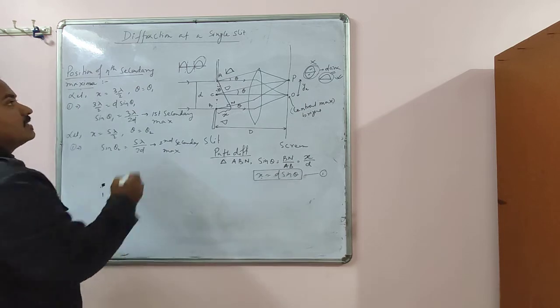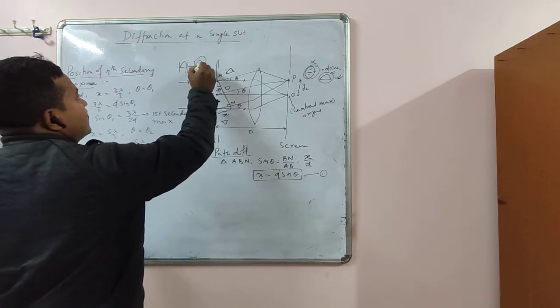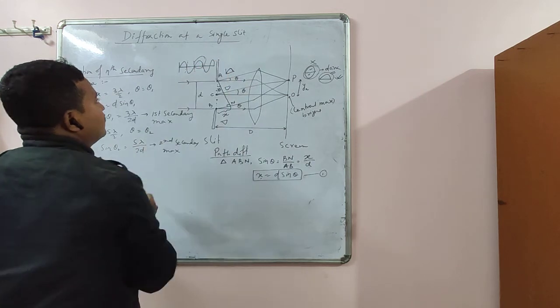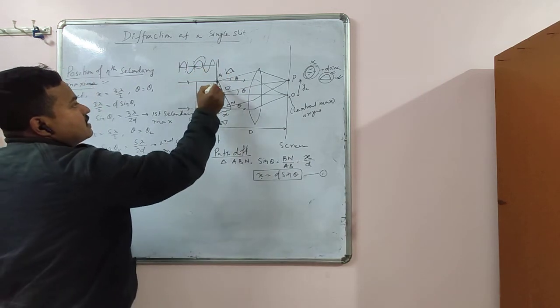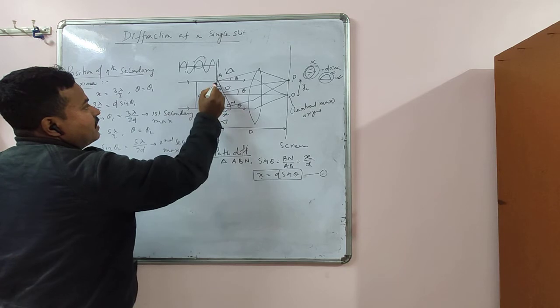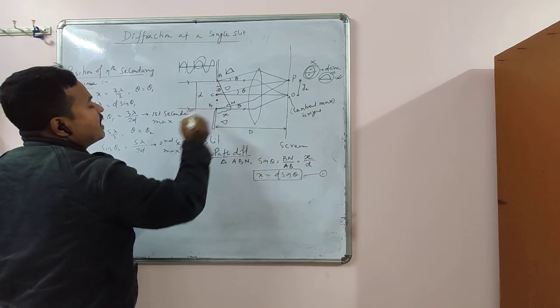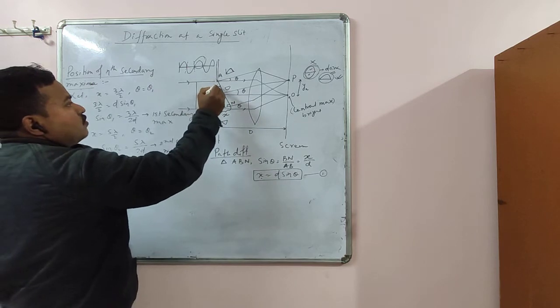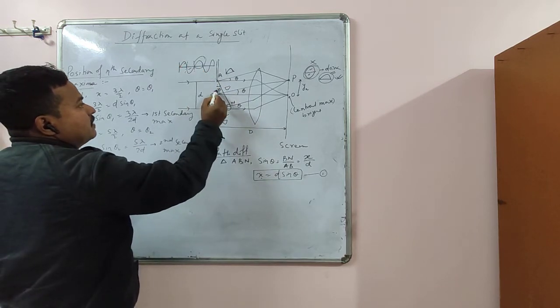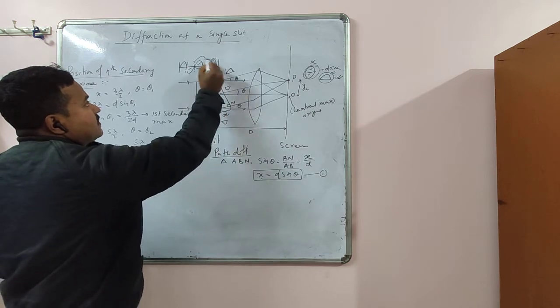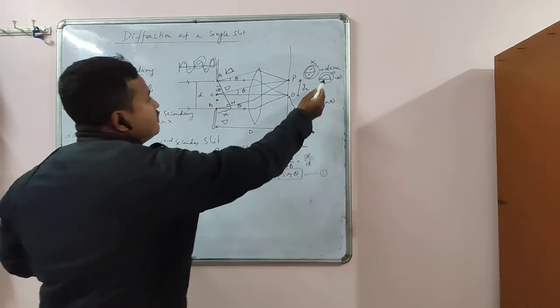Because if we consider 5 lambda by 2, here this 5 lambda by 2, in this case the slit is divided into 5 equal parts. 1, 2, 3, 4, 5. Now from the first two parts, these two cancel out. From the next two parts, these two cancel out. From the last part, this remains unaffected, which gives you what?